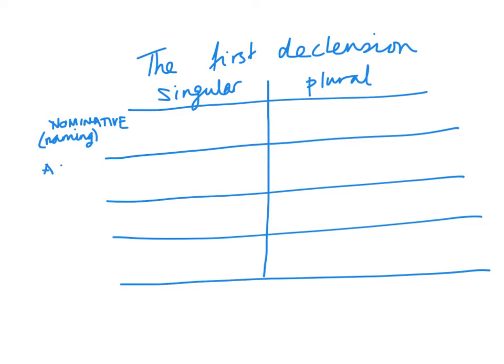Then we have the accusative case, and that's used primarily, in fact, for the object of a sentence. So, for example, if you might want to say the general seeks victory, the word victory will be in the accusative case. The general will be in the nominative case because he's a subject.